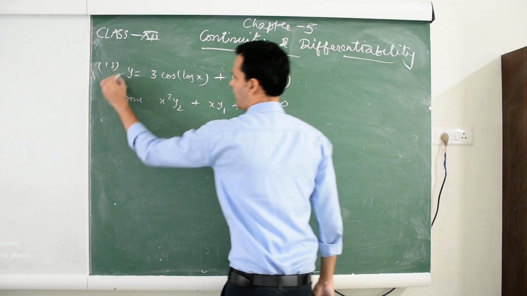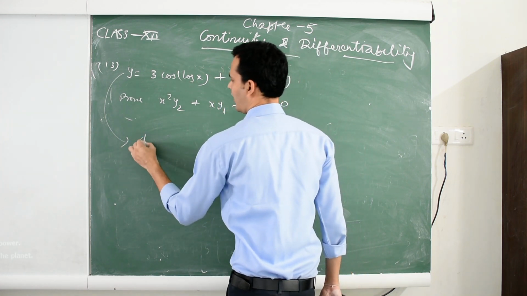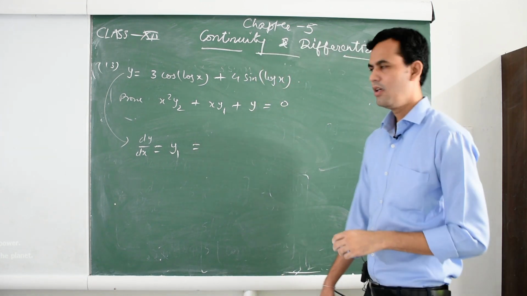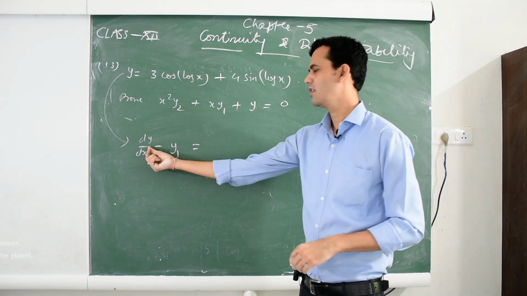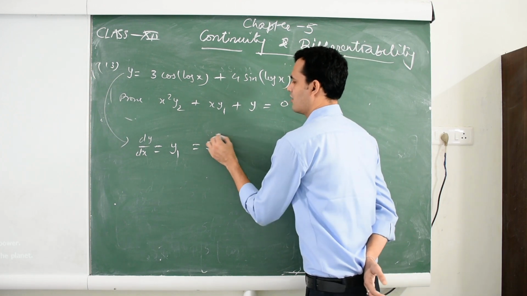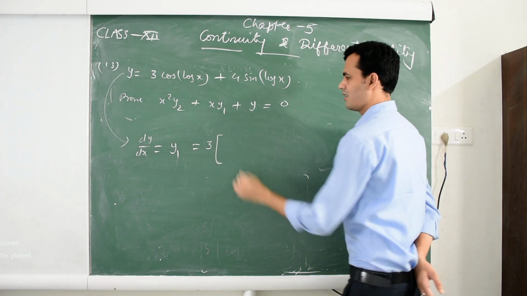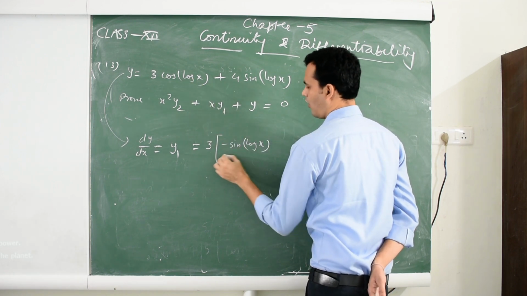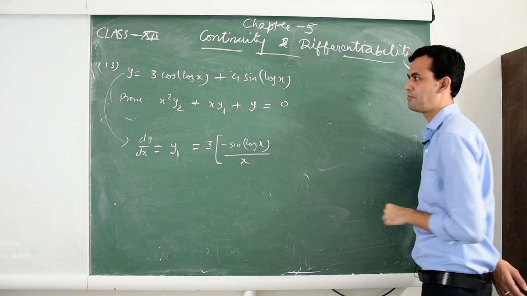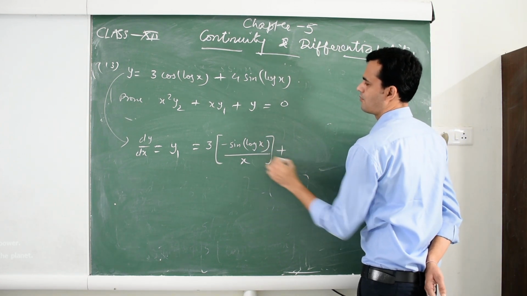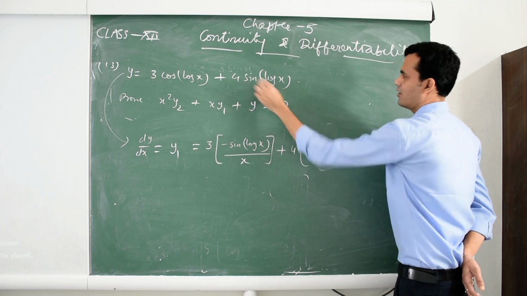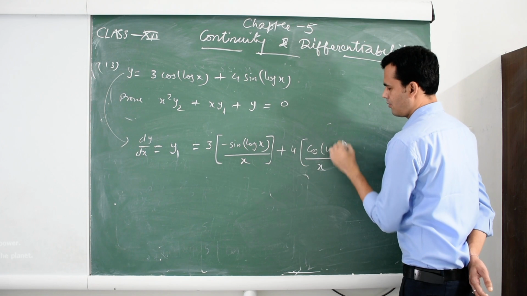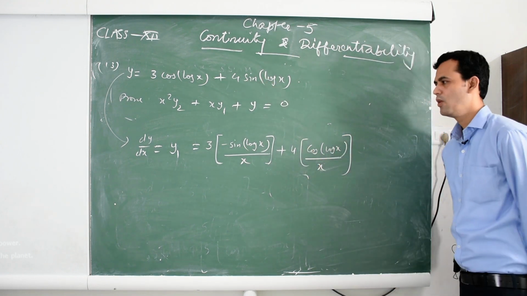So first we differentiate this term with respect to x. We write dy by dx as y1, because we have to use y1 here. So 3 as it is. Differentiation of cos is minus sin, so minus sin log x, and differentiation of log x is 1 upon x, plus 4 as it is. Differentiation of sin log x is cos log x, and differentiation of log x is 1 upon x.